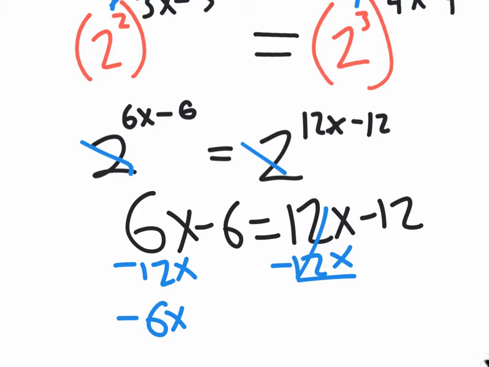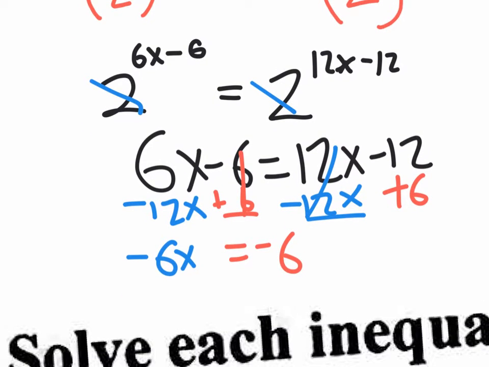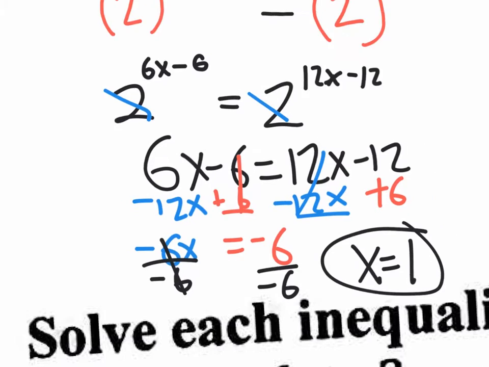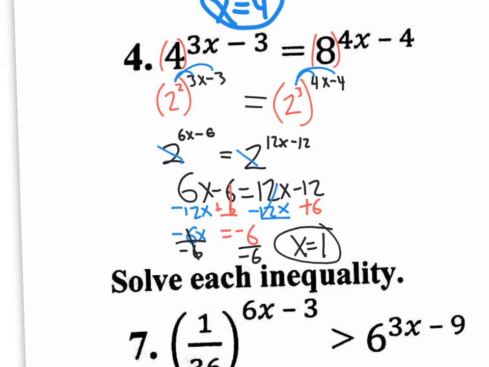And let's do 2 steps in one. Plus 6 right here, cancel it out. Plus 6 equals negative 6. And your final step here, when you divide by negative 6 on both sides, you're going to get your final answer, which is positive 1. X equals positive 1. That's it. And you could flip the paper over, check in the back, and you'll see that you have the right answer there.